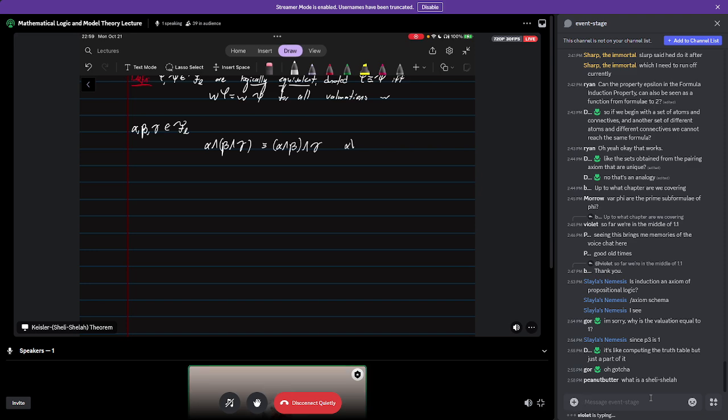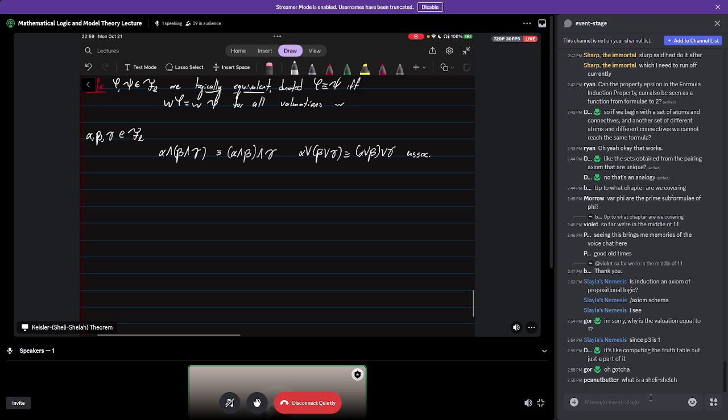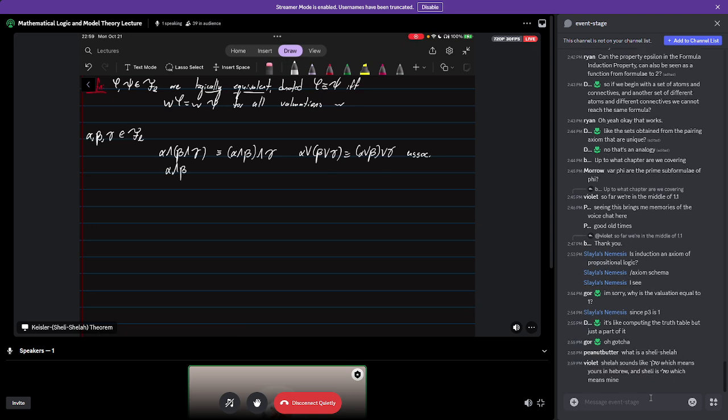And similarly, alpha or (beta or gamma) is equivalent to (alpha or beta) or gamma. Right, so conjunction and disjunction are associative. And similarly, they're also commutative. Alpha and beta is equivalent to beta and alpha. And alpha or beta is equivalent to beta or alpha.